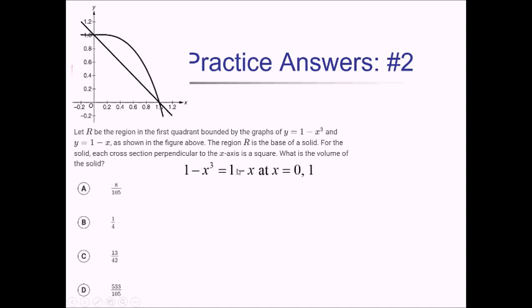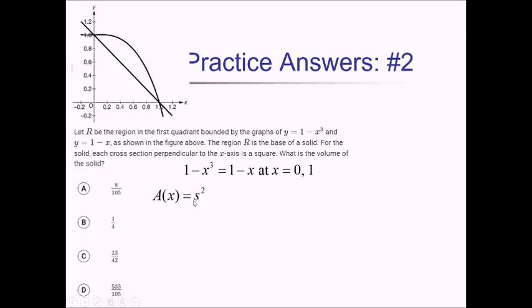And now we have to figure out what we're actually integrating. Since we have cross-sections that are squares, we're essentially chopping the solid up into square slices and adding them all up with our integral. So the formula for a square, in general, is A equals s squared, but I need to express this in terms of x in order to actually integrate it.